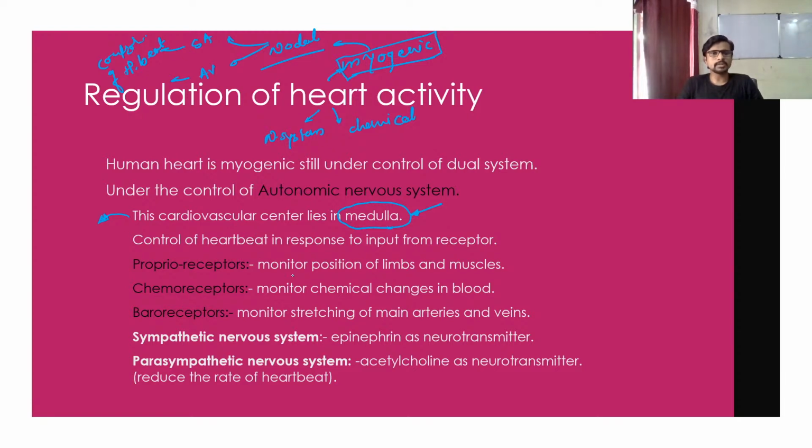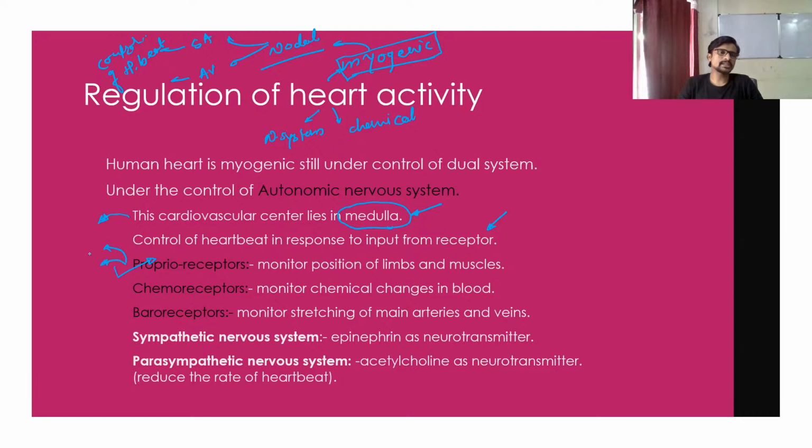So the control of the heartbeat is in response to input from receptors. Which types of receptors are involved in the input for the control of your heart? The proprioceptors: these receptors monitor the position of limbs and muscles. Let's take an example.